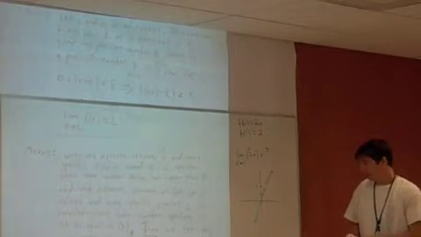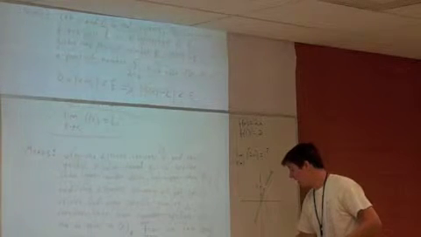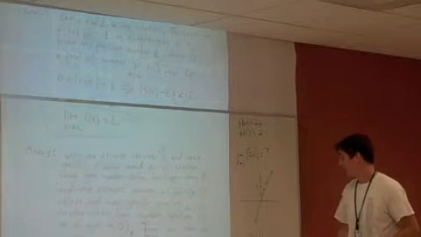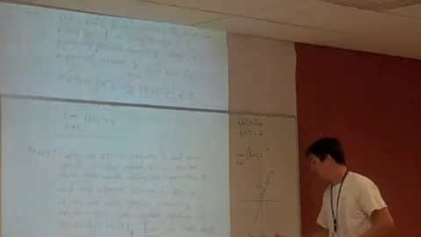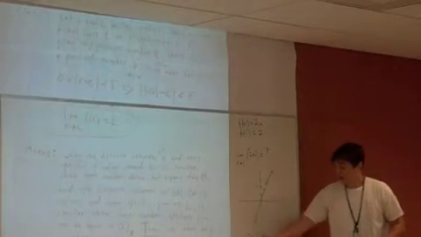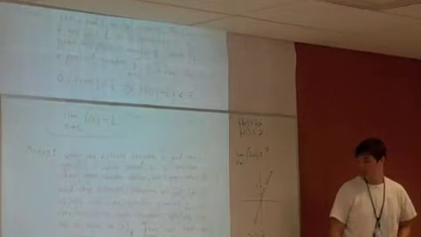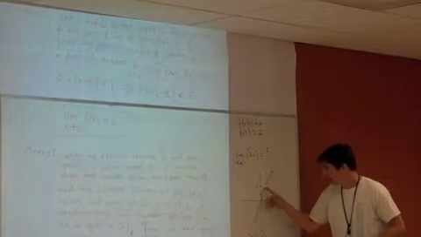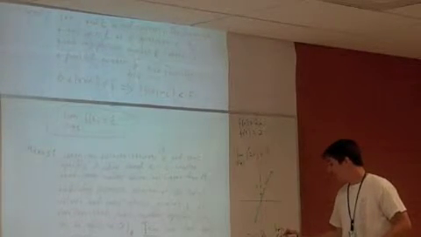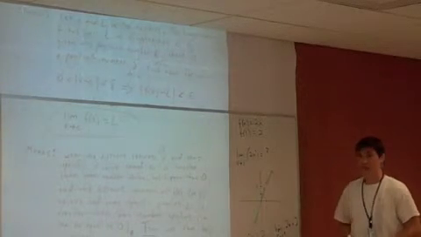And here's how you would write it. The limit as x approaches 1 from the left of 2x is equal to 2. The little exponent negative sign means the limit as x approaches 1 from the left. And what we do is we just look from the left and it approaches 2. The limit as x approaches 1 from the right of 2x is also equal to 2, that you just told me.